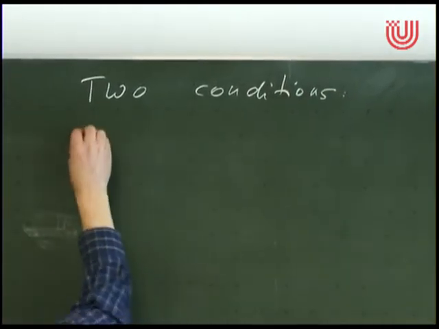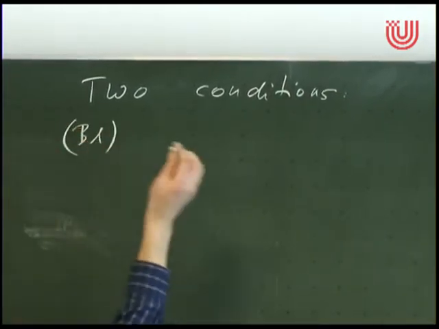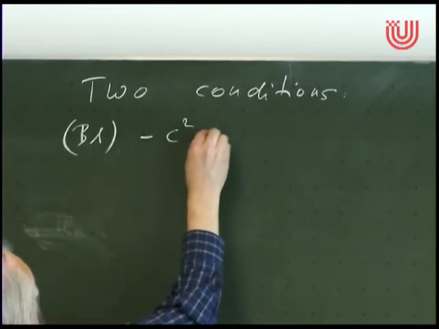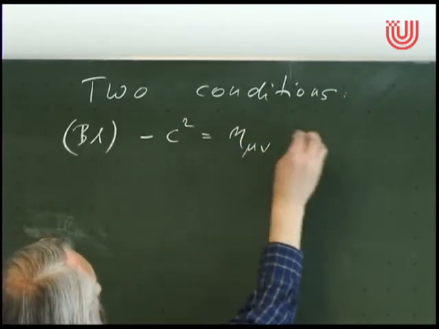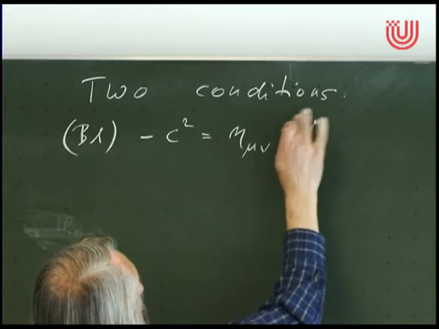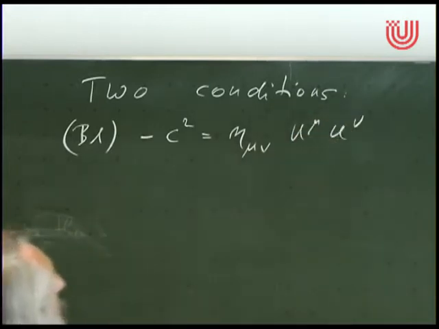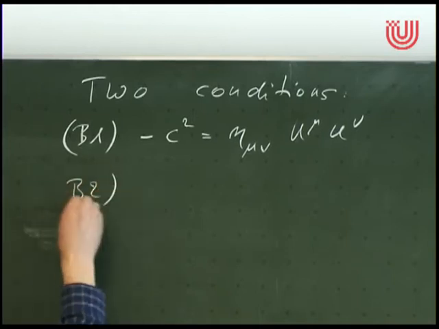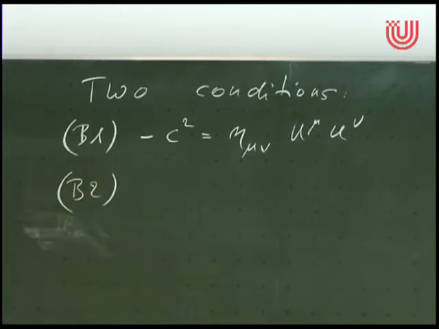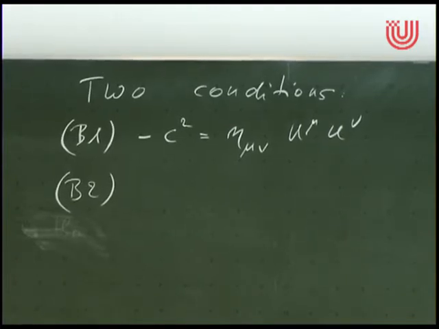So the first one, let me write p1. So this is minus c squared is eta mu nu u mu u nu. And the second condition? So now we want to write that the acceleration is a constant. So where is the acceleration? Here is the acceleration. And this is a spatial vector.